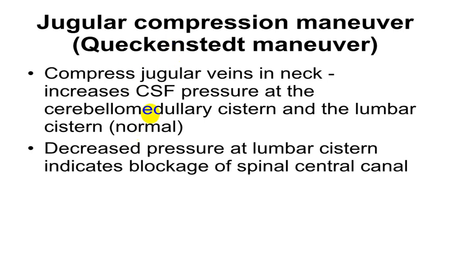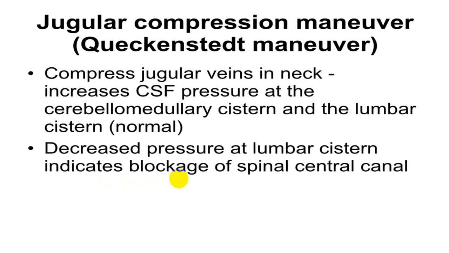Decreased pressure at the lumbar puncture indicates the blockage of spinal central canal. So if you have done a lumbar puncture and you are compressing the jugular vein and there is no elevation of pressure, that indicates there is a blockage. If there is a slight elevation, partial blockage, no change, complete blockage.